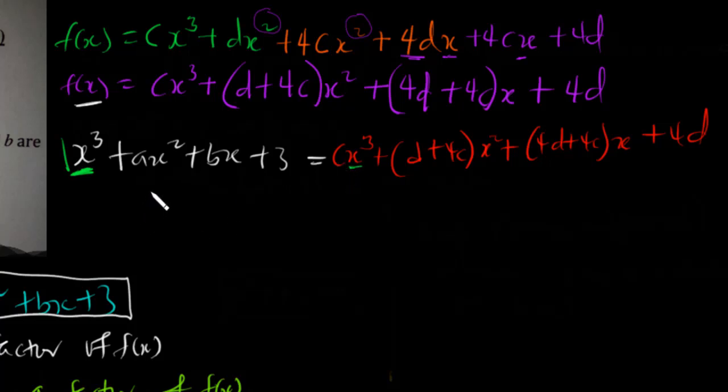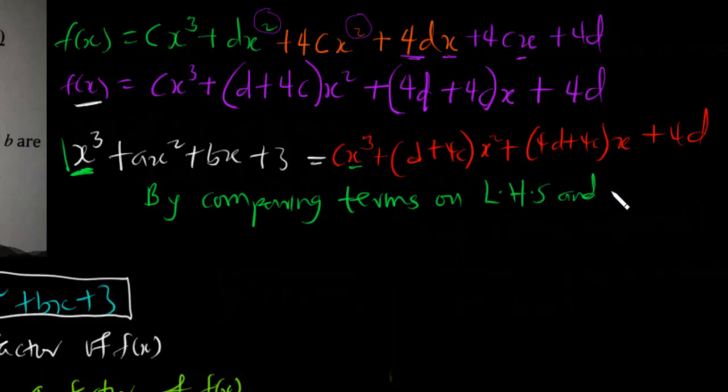So by comparing terms on the left hand side and right hand side, the coefficient of x cubed is 1 here, and here it is c. So this implies that c is equal to 1.